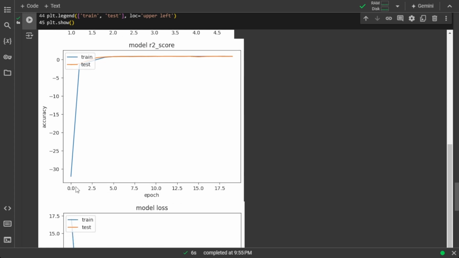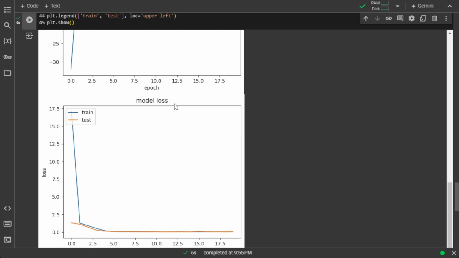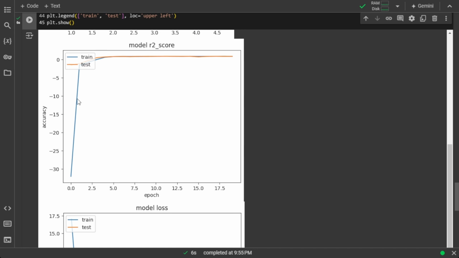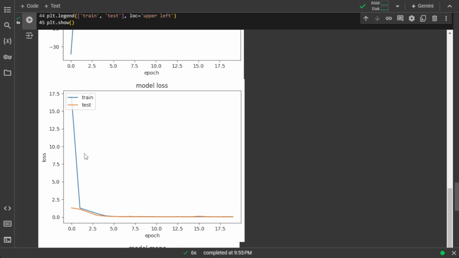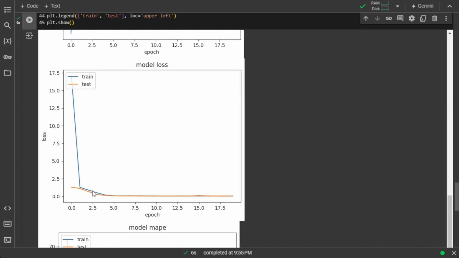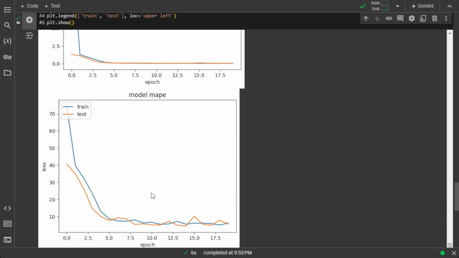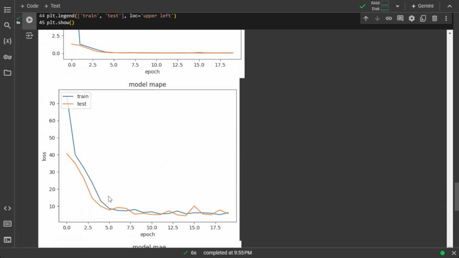You can see how it has advanced through 20 epochs, and started off really bad, and then gradually tightened up closer to 0. These all show the same thing from different perspectives, and you're looking for the lines to tighten up down, right? Tighten, tighten, tighten, like this.